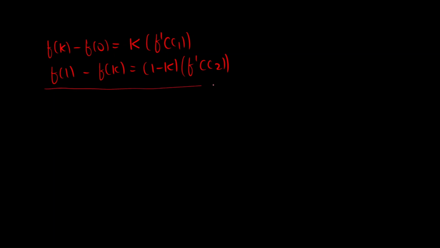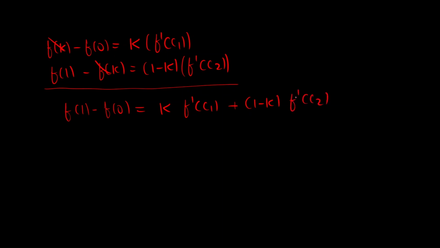Now I'll add these both equations and we can see that f of k will be cancelled and I'll get f of 1 minus f of 0 is equal to k times f dash of c1 plus 1 minus k times f dash of c2.